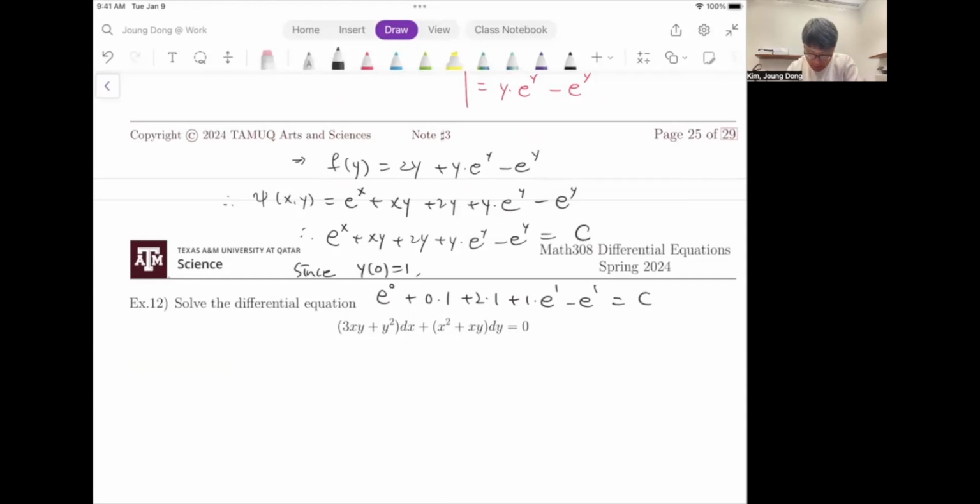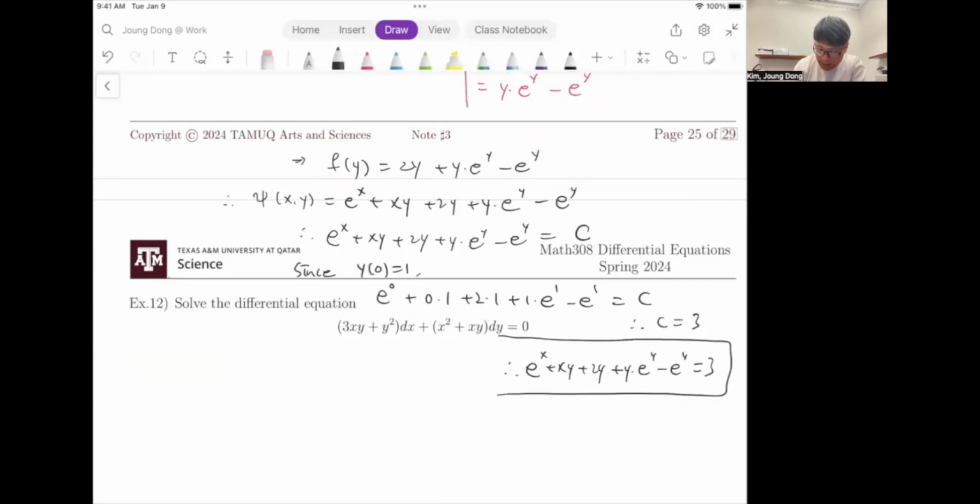What is that? The e terms are gone at the end. e^0 equals 1. 1 plus 2 is 3. So therefore, my c is 3. And therefore, my final solution is e^x plus xy plus 2y plus y e^y minus e^y is equal to 3. That is the final answer.